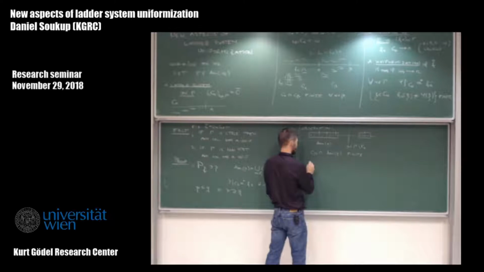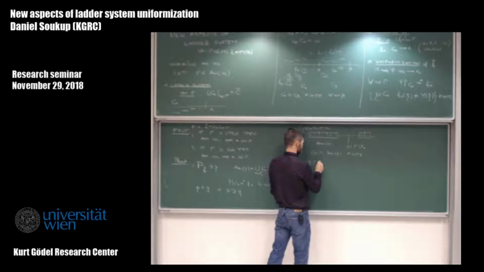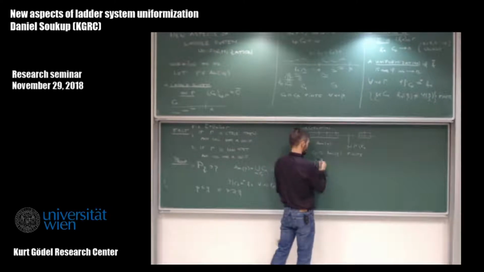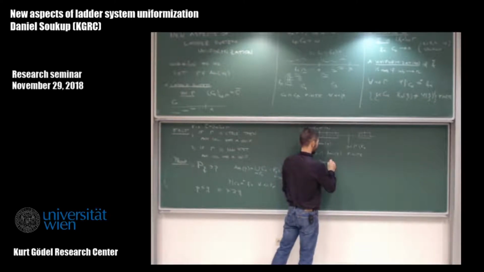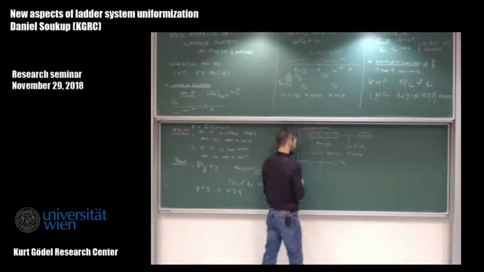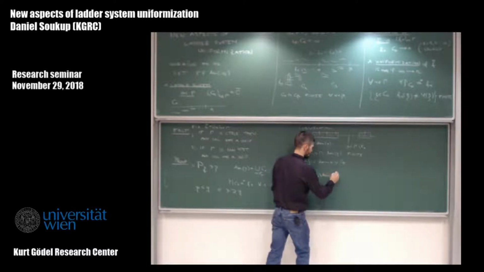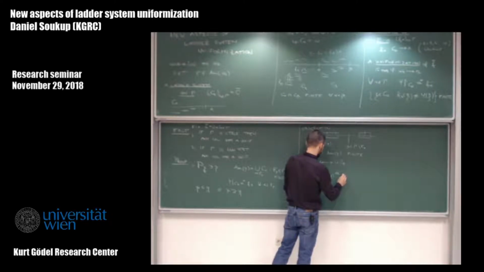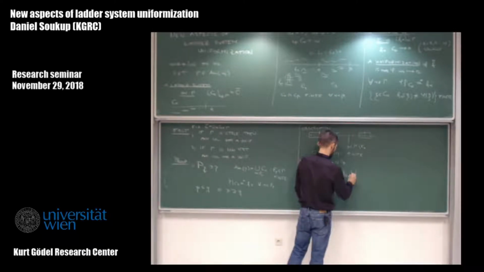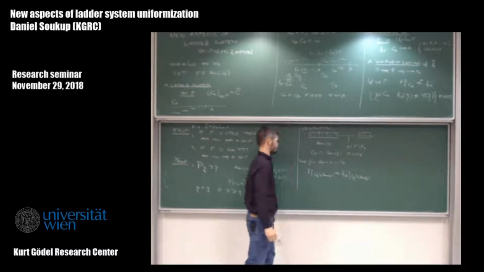If you want to add beta to the domain, you define Q with the domain of Q being the domain of P union C beta, and Q on the new points, C beta minus the domain of P, is by definition f beta.